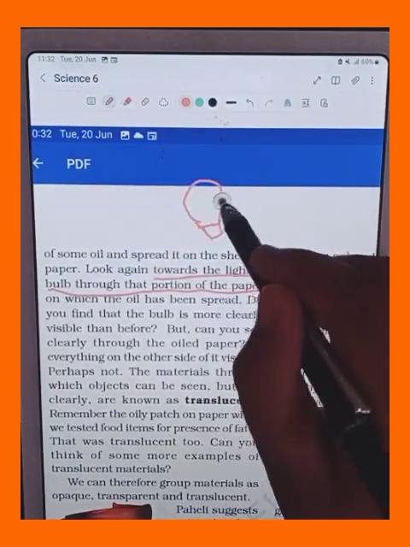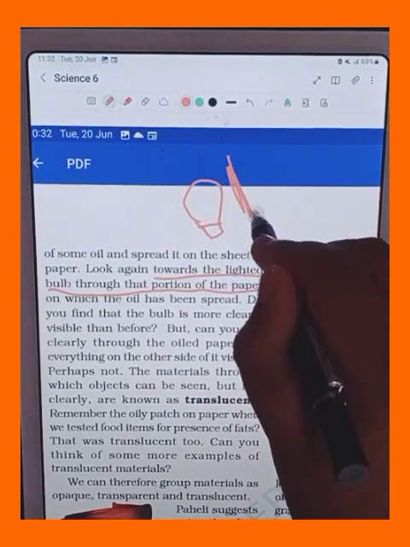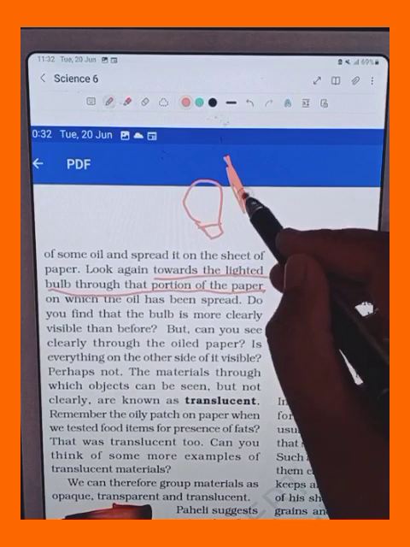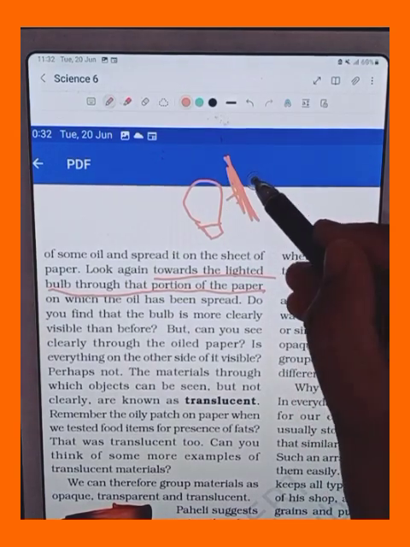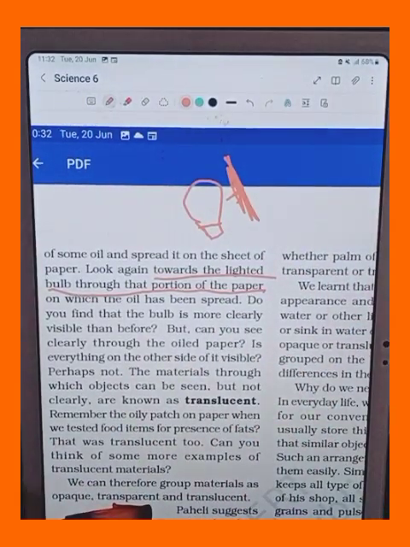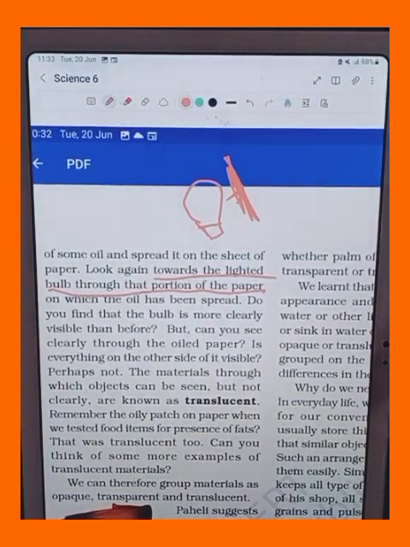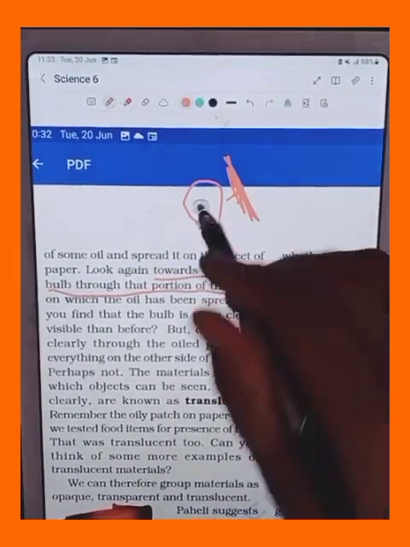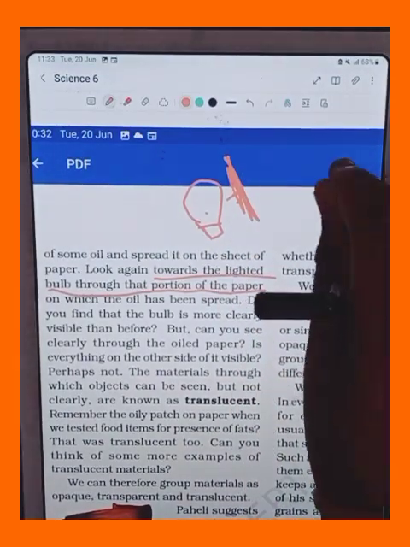It would glow brilliantly. And when you put a paper in front of it, you will see the paper glow. Dim your lights, or just close all your lights, take a bulb, glow it and hold a paper in front of it.